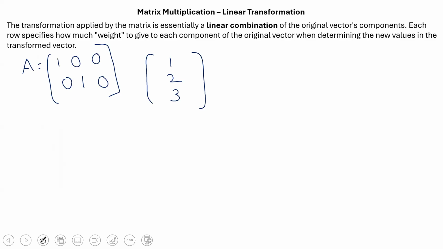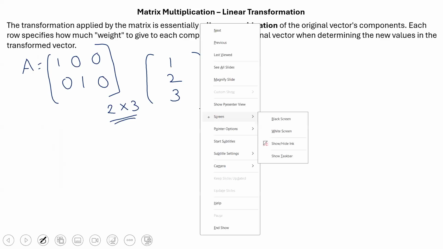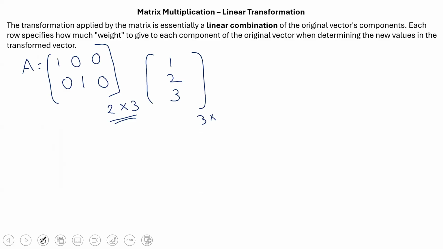Okay, so this is a 2 into 3 matrix. So this is a 3 into 1 matrix. Okay, 3 into 1. So this is a three-dimensional point, and this three-dimensional point is getting transformed to a two-dimensional point. When you're multiplying this with this, it is converting to a two-dimensional point.